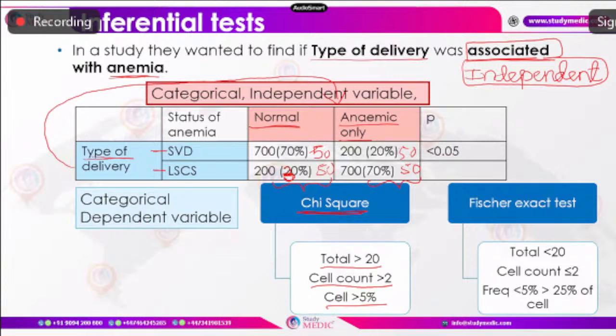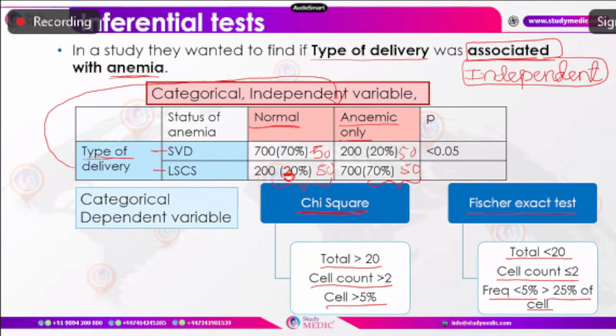Now, if total count is less than 20, then we cannot do chi-square test. The more robust alternative to chi-square test is the Fisher's exact test. Or if any one cell contains a cell count of less than or equal to 2, or if the frequency is less than 5% in more than 25% of the cells.